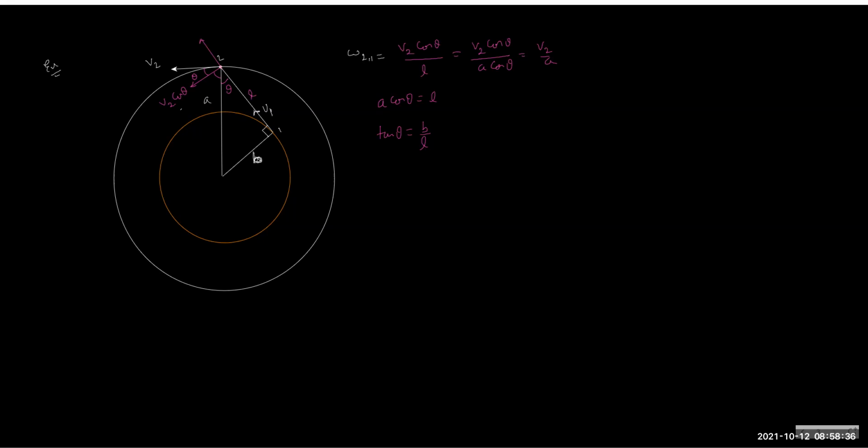So L is the line joining the particles. And this is a right angle triangle. So what is the relationship between A and L?